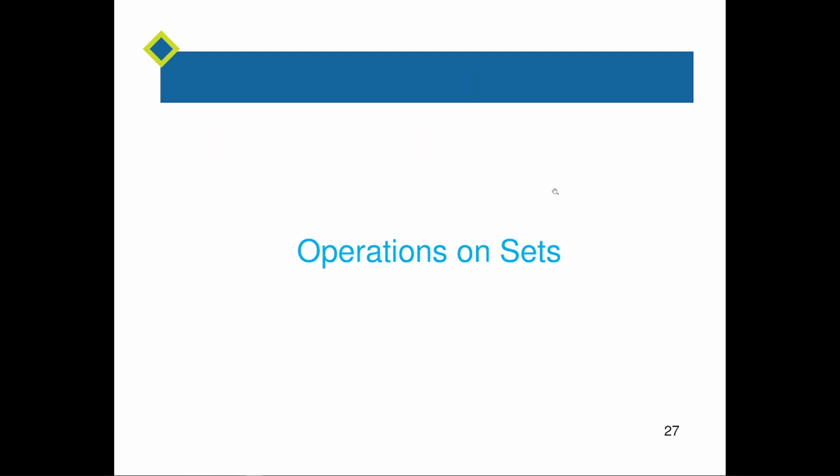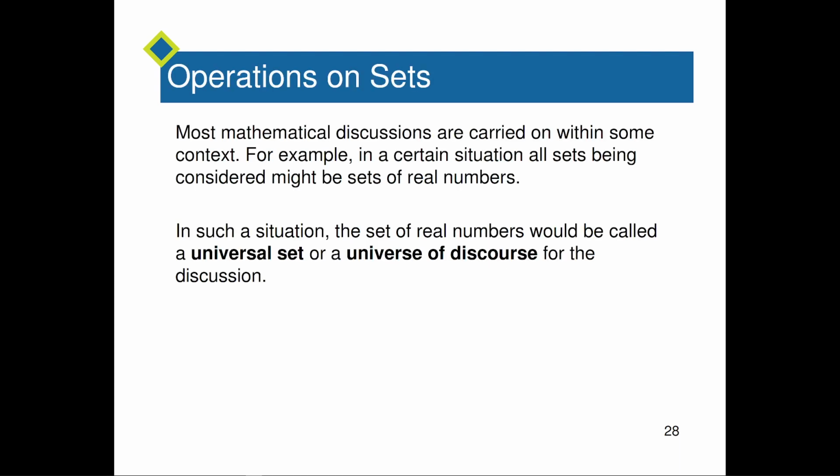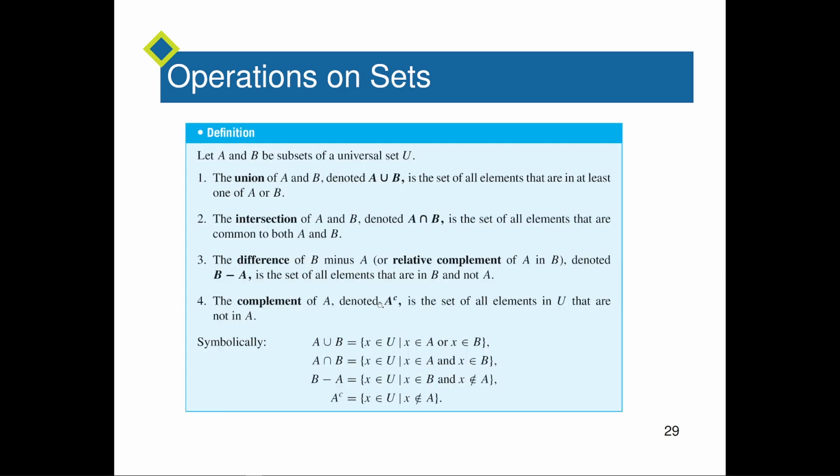And we now reach operations on sets. We reach something called a universal set, or a universe of discourse for the discussion. The first one that we have here is the union of A and B, denoted by A with this big U sign.